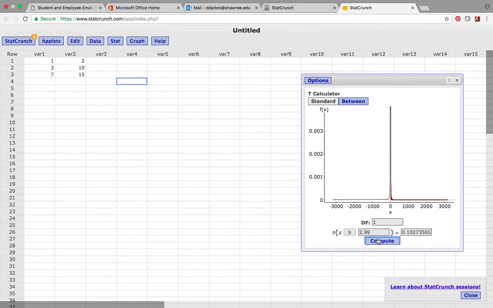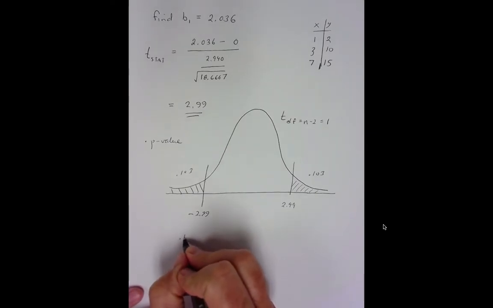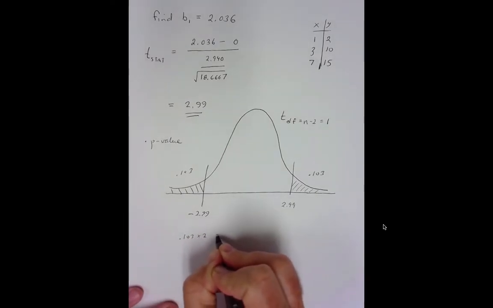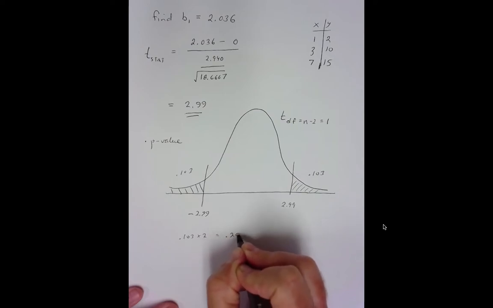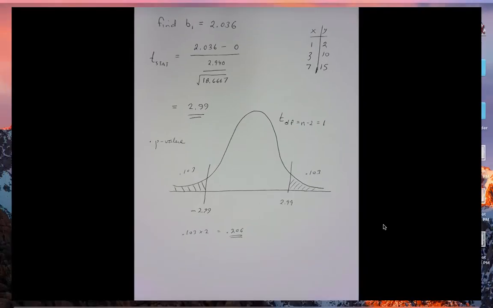So guys, our upper area is 0.103, and our bottom area is 0.103. So our total area would be 0.103 times 2, so our p-value would be 0.206.